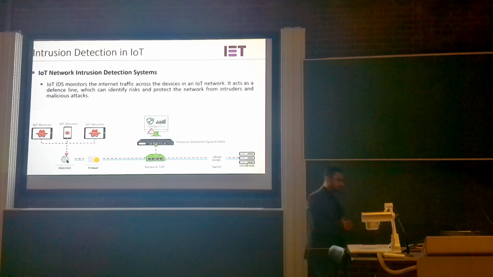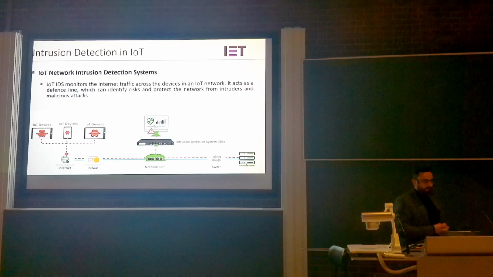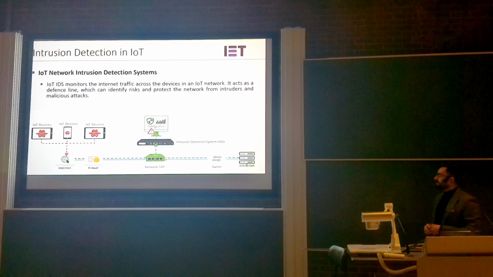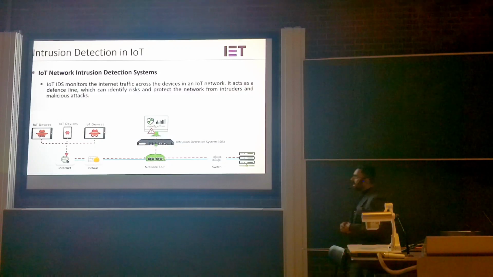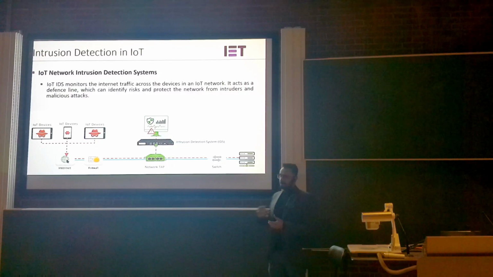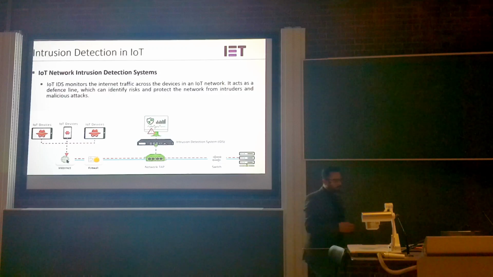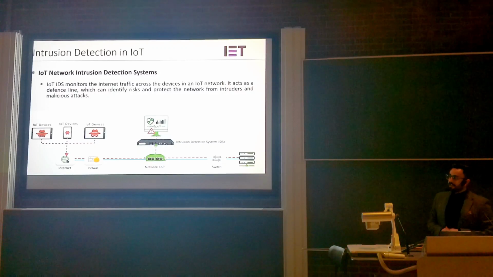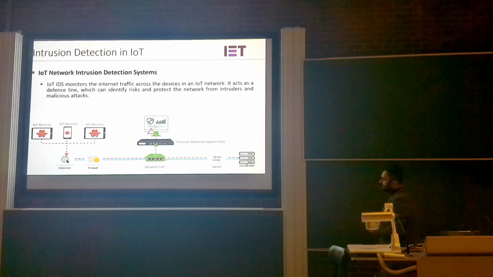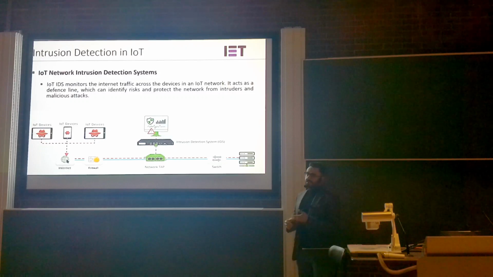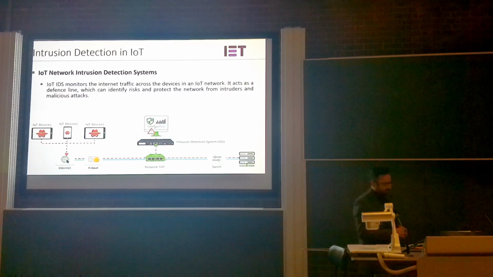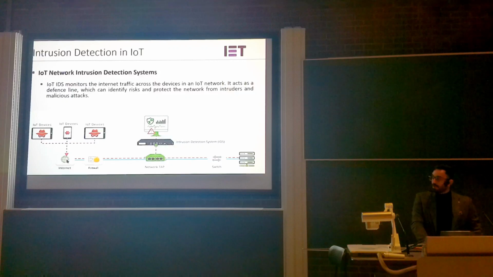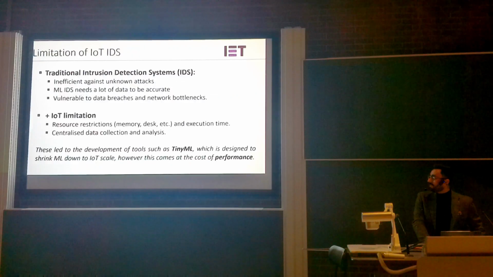That intrusion detection system is mainly there to monitor the traffic and assist with identifying any vulnerability or risk, and hopefully to block attackers or devices that try to intervene or send data that could be misleading or malicious within that network.